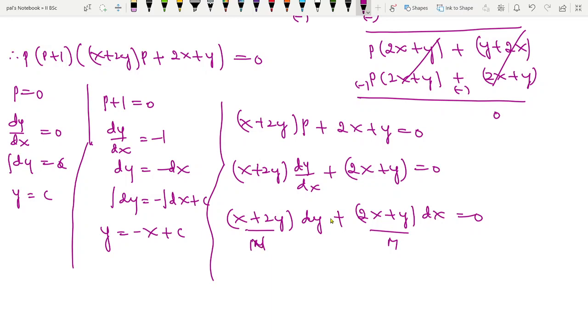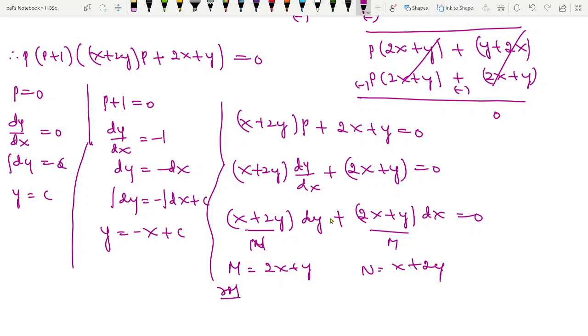Just looking at it you can tell: the coefficient of y here, and the coefficient of x here. What is M here? It is in the form M dx plus N dy is equal to 0. Don't get confused: dx comes first, dy comes second, so M is 2x plus y and N is x plus 2y.